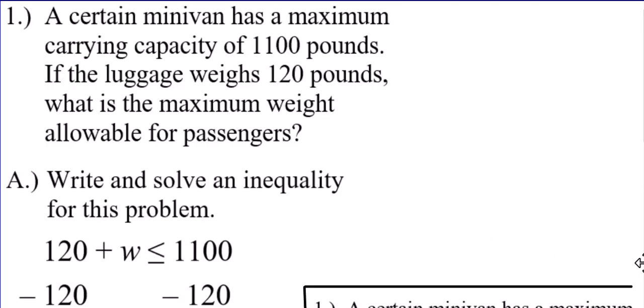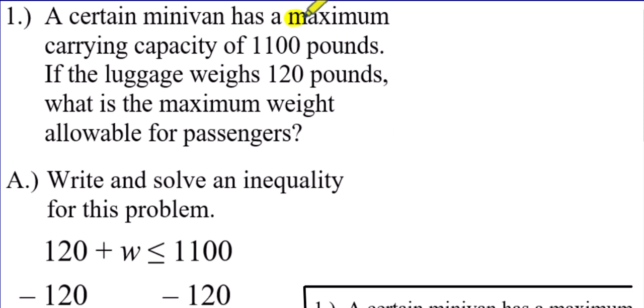All right, let me go ahead and show you an example. Problem number 1. A certain minivan has a maximum carrying capacity of 1,100 pounds. If the luggage weighs 120 pounds, what is the maximum weight allowable for passengers? Part A. Write and solve an inequality for this problem. You always need to look for the word or multiple words that mean the inequality symbol.